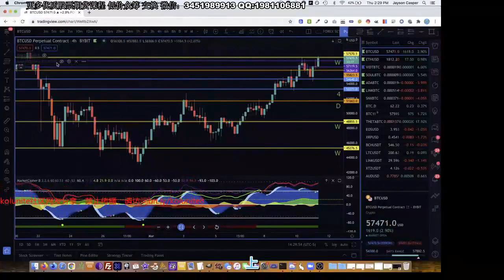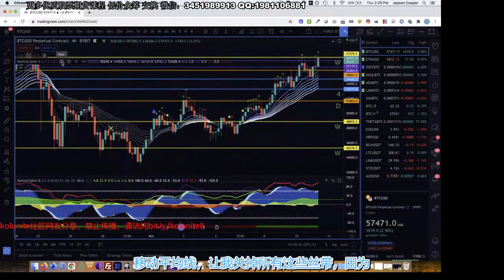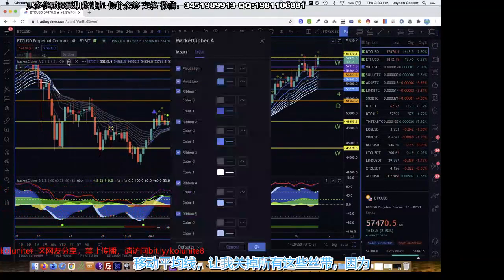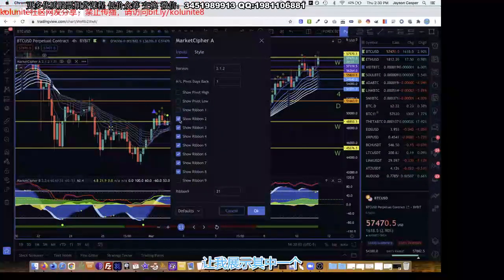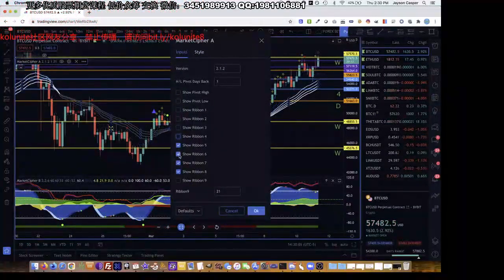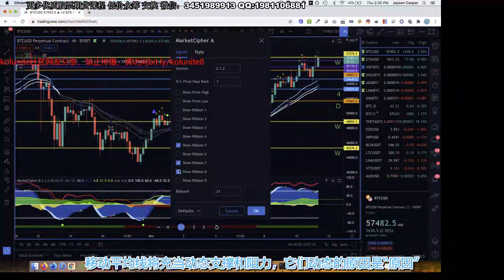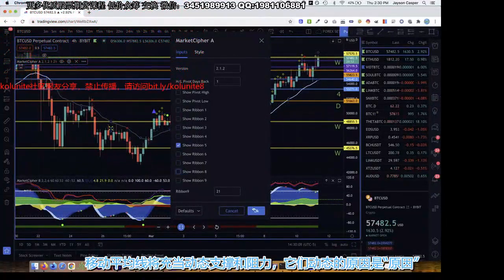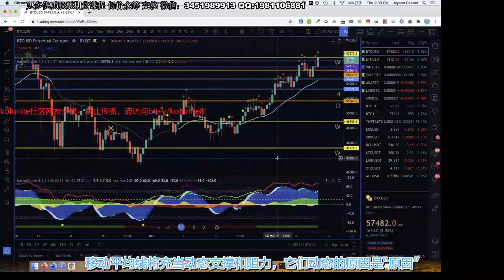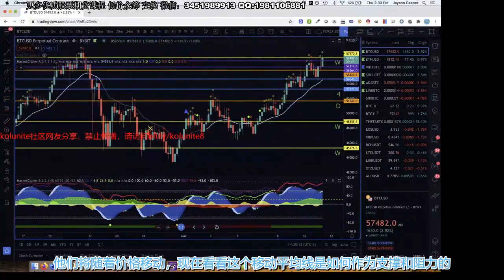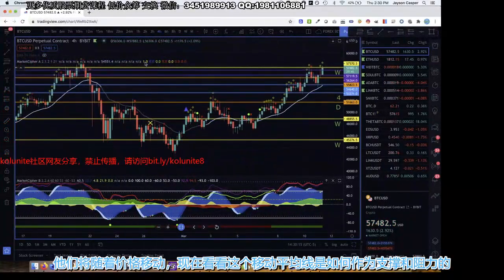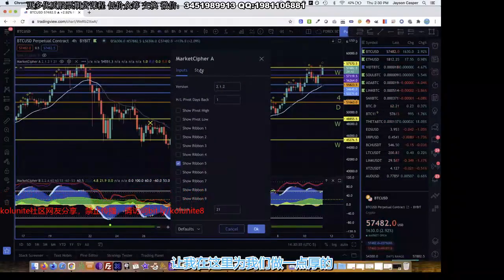If I turn on a moving average, and let me turn off all these ribbons here, because let me just show one of them. Moving averages will act as dynamic support and resistance, and the reason they're dynamic is because they will move with the price. Now look at how this moving average is acting as support and resistance. Let me make it a little bit thicker for us here.